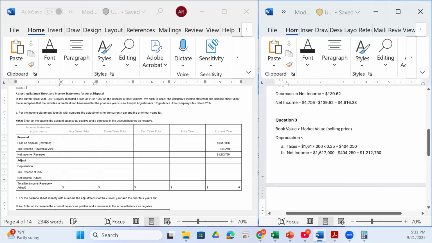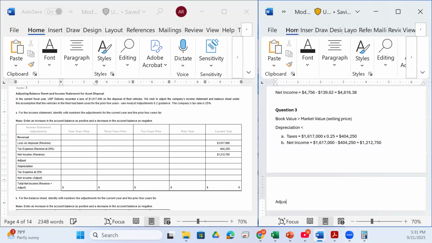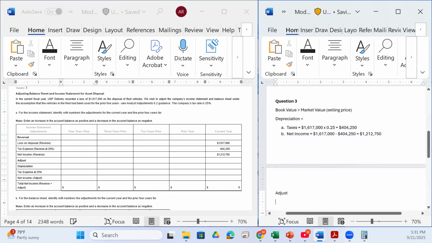So under adjust, our depreciation will be, and we wish to adjust the company's income statement and the balance sheet under the assumption that the vehicle in the fleet had been used for the prior 5 years. So instead of reflecting the entire loss in this year, we want to reflect this over 5 years, including the current year.